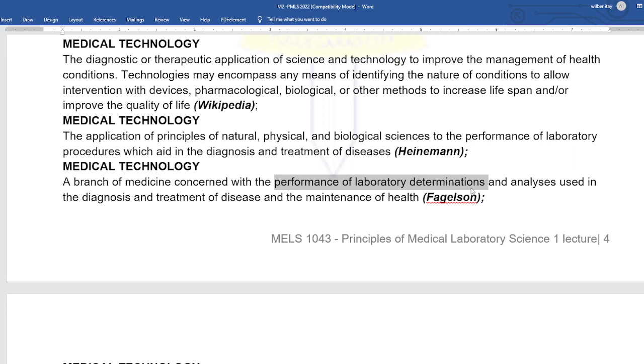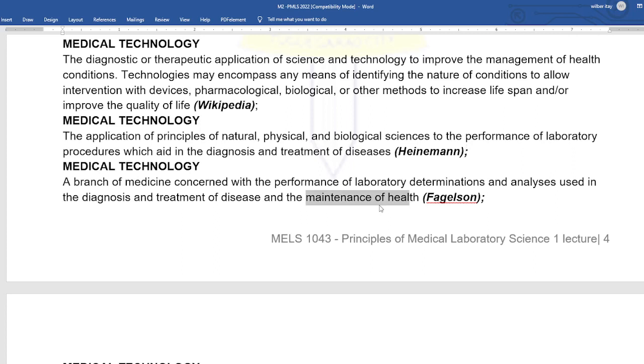Okay, the laboratory procedures and analysis, so that will aid in the diagnosis. Okay, so that is used in the diagnosis and treatment of diseases as well as in the maintenance of health. In the definition of Hahnemann, it failed to mention this one, maintenance of health.